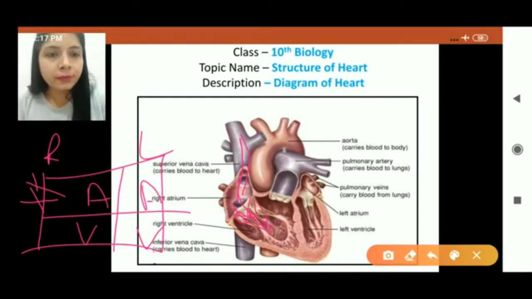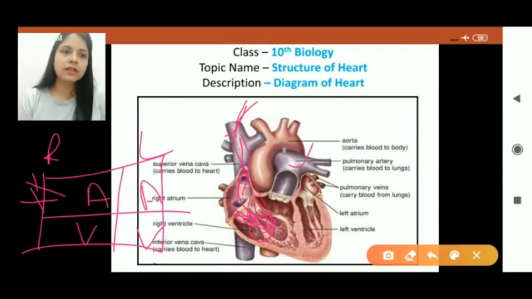Now this ventricle, what can it do? This deoxygenated blood passes to the pulmonary arteries. So what is the function of the pulmonary arteries?